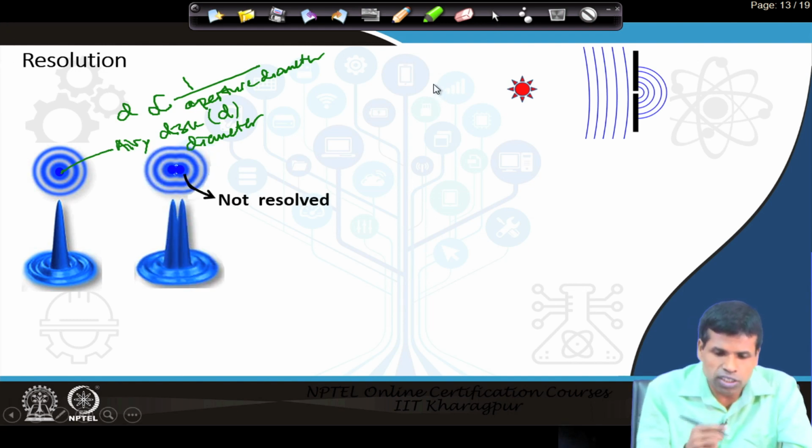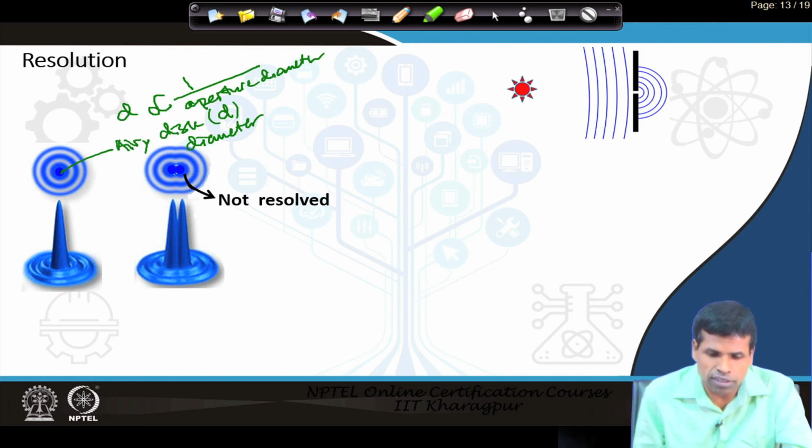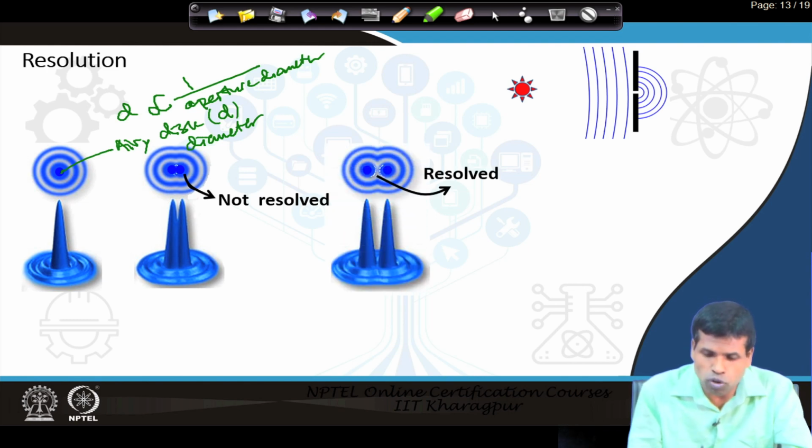Now, if there are two spots or two apertures or maybe two objects from where diffraction occurs, and they are too close to each other, then they will not be resolved. They are almost overlapping each other. If these two spots are a little away from each other, this is the resolved condition at which they are not overlapping.